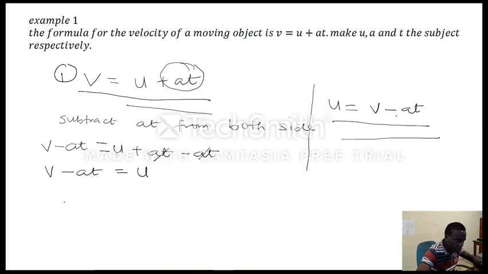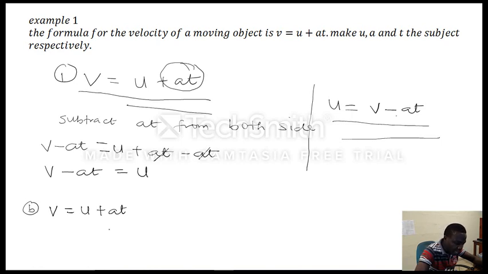So let's do that. From the equation, we have v is equal to u plus at. Now, in order for me to make a the subject of the formula, all I have to do is to first of all undo what has been done. You will discover that u is being added to at.